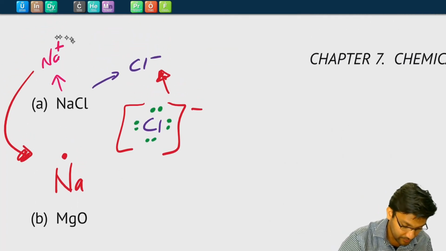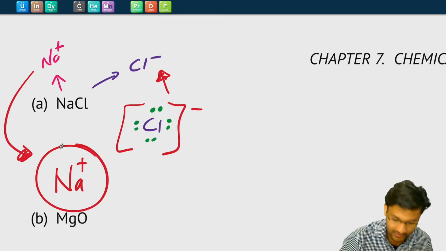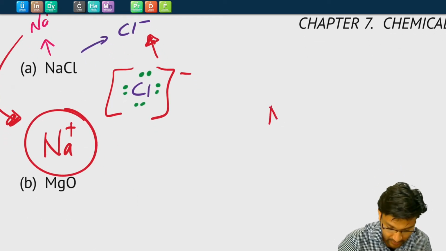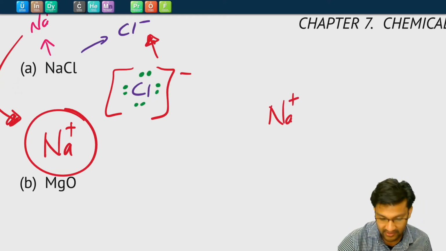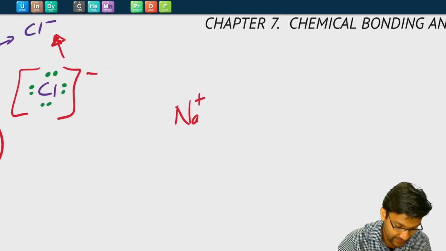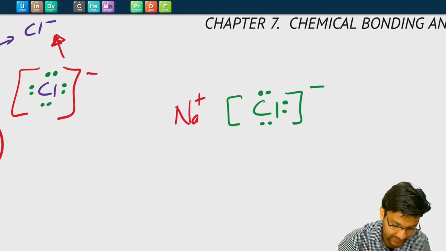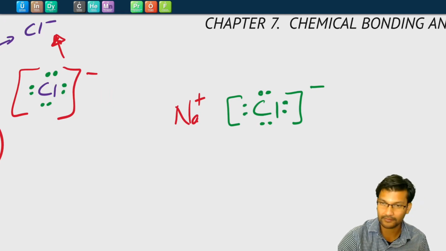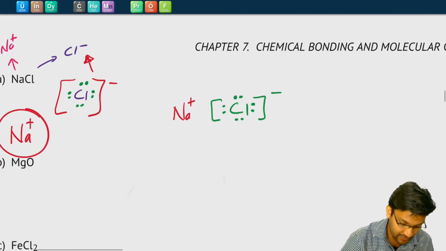But to form sodium plus, we need to remove 1 electron, and so this is what the sodium plus Lewis structure is. So for sodium chloride, it'll just be Na+, no dots because there are no valence electrons, and right next to that, Cl- with 8 electrons. That's the Lewis structure for sodium chloride.